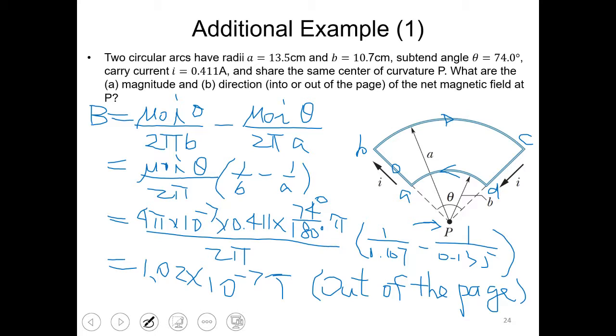If you consider the first term positive, then this one is out of the page, and the answer is positive, so it is really out of the page. If you assume into the page is positive, then you get a negative answer, and then finally it is out of the page.